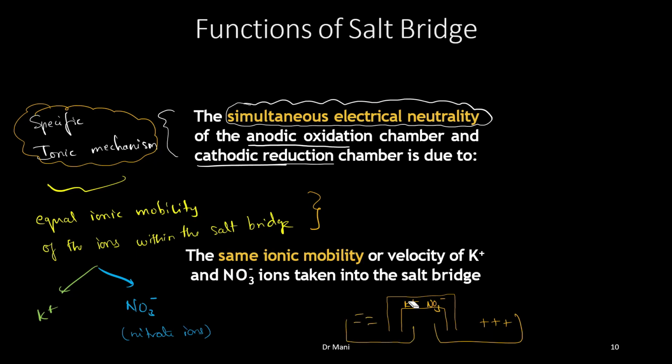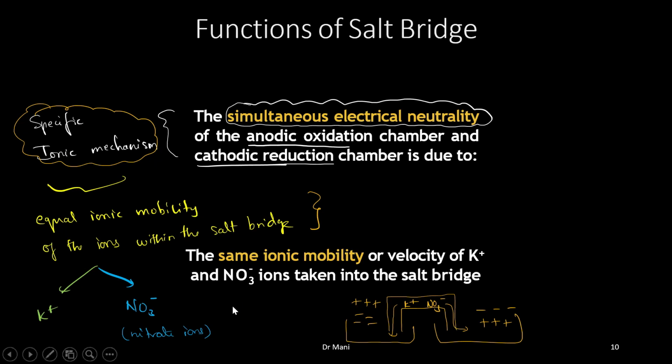The K+ will move to the negative ones, and the NO3- will move towards the positive ones. So all these positives will be balanced with the negatives, and all these negatives will be balanced with the positives. That is only possible when it has equal ionic mobility. That is a very, very crucial thing for the salt bridge. That's the reason why we can't take any salt bridge.